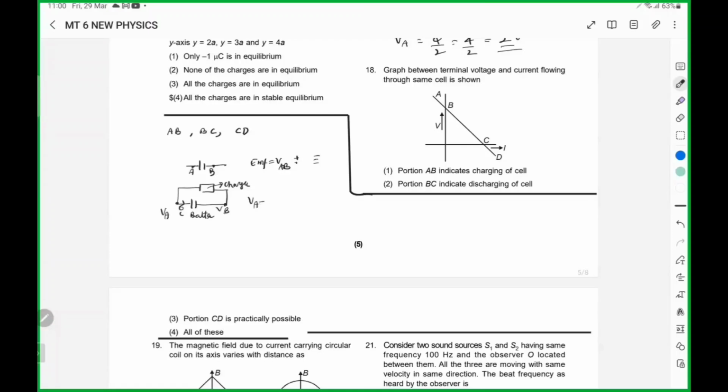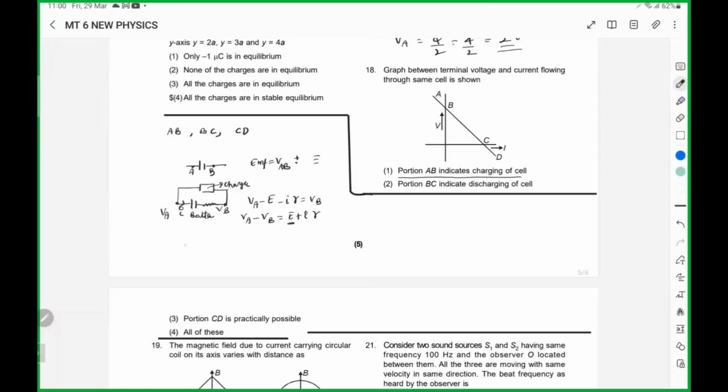So the potential difference VA minus VB is equal to E plus Ir, where r is the internal resistance of the battery. That means the potential difference is, in fact, more than the EMF. So portion AB indicates charging of a cell, and in charging, the potential difference across AB will be more than its EMF.